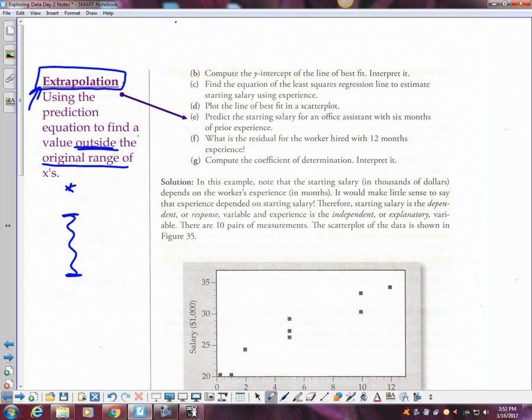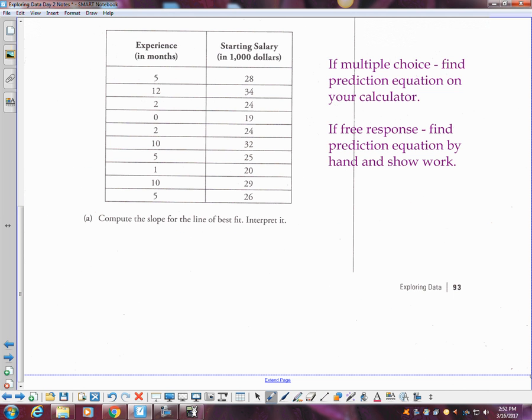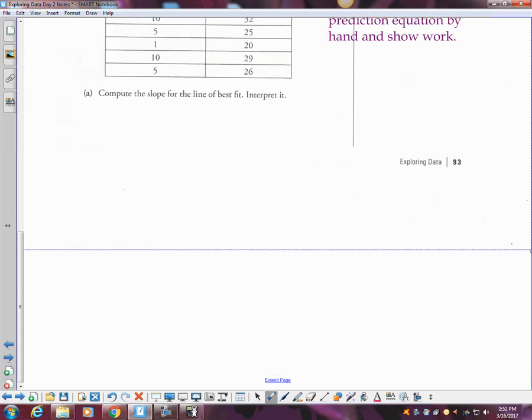Okay, so here we go. Let's go back. And here's A. Let's compute the slope. Look on your formula sheet and find the formula for slope. Make sure you know if the slope is B sub 0 or B sub 1. If you're not sure, look at the formula for the prediction equation.